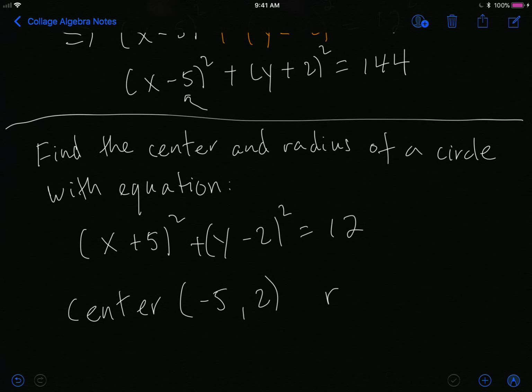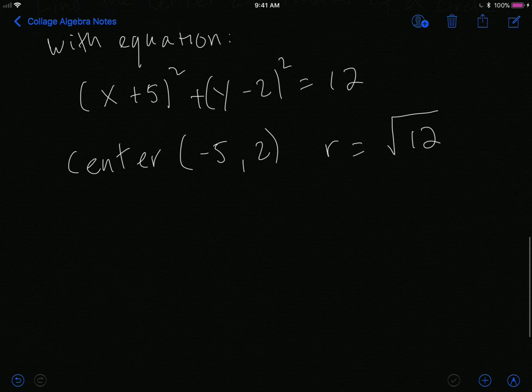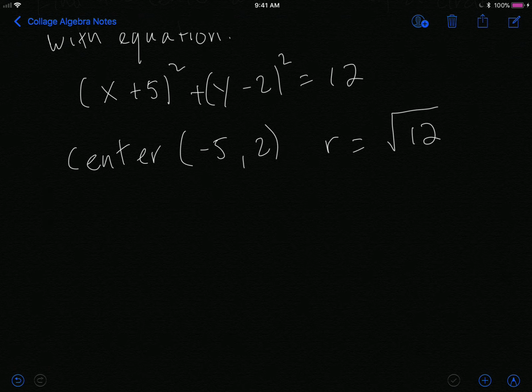And of course my radius will be equal to the square root of 12. You have to always simplify, and in this case my radical can be simplified. To simplify a radical, all you have to remember is you have to find two numbers that multiply to give you 12, where one of them is a perfect square.